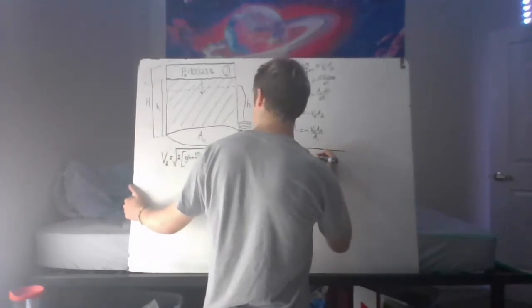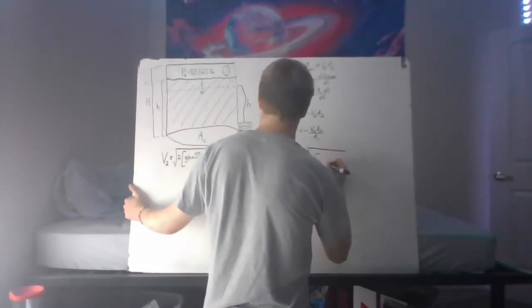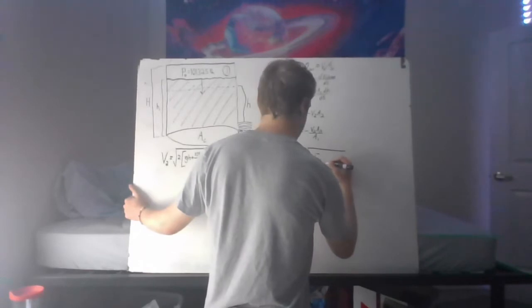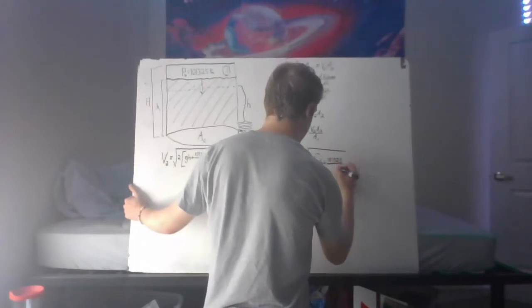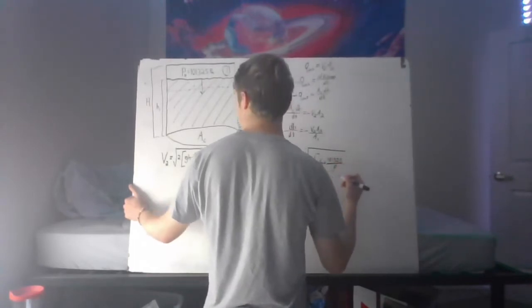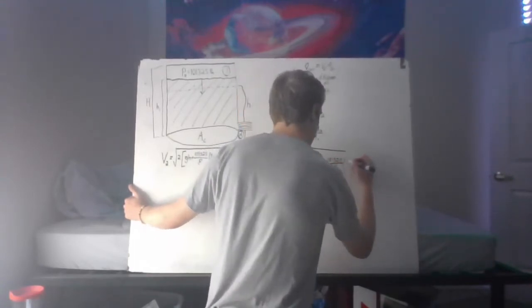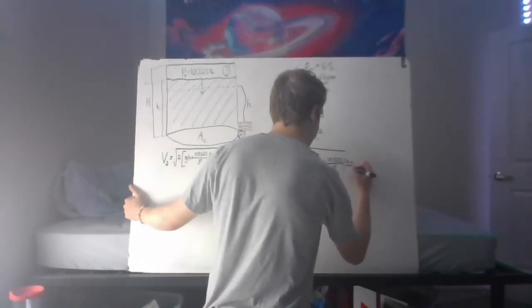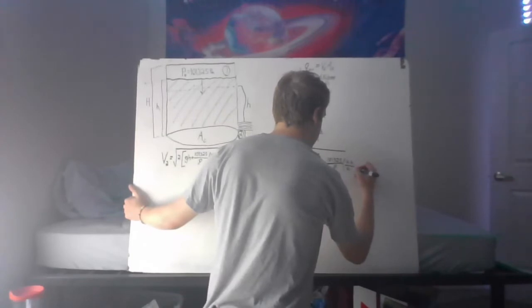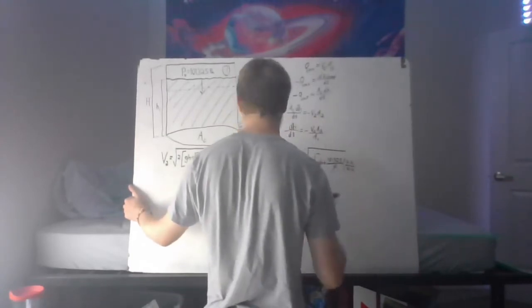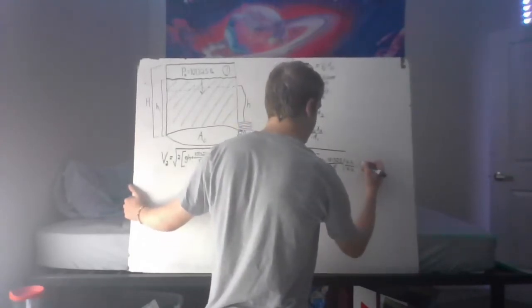Square root of 2 times gH plus 101,325 over rho this time, times H minus HI over H minus little h, minus 1.